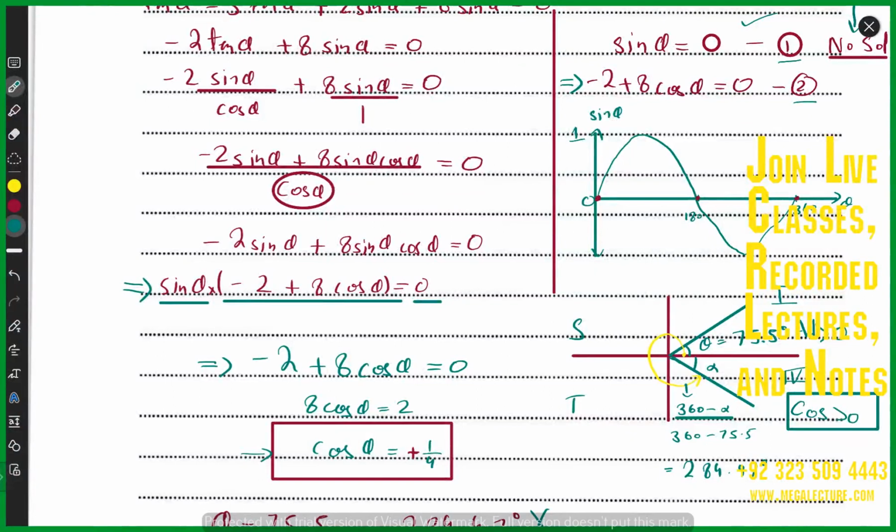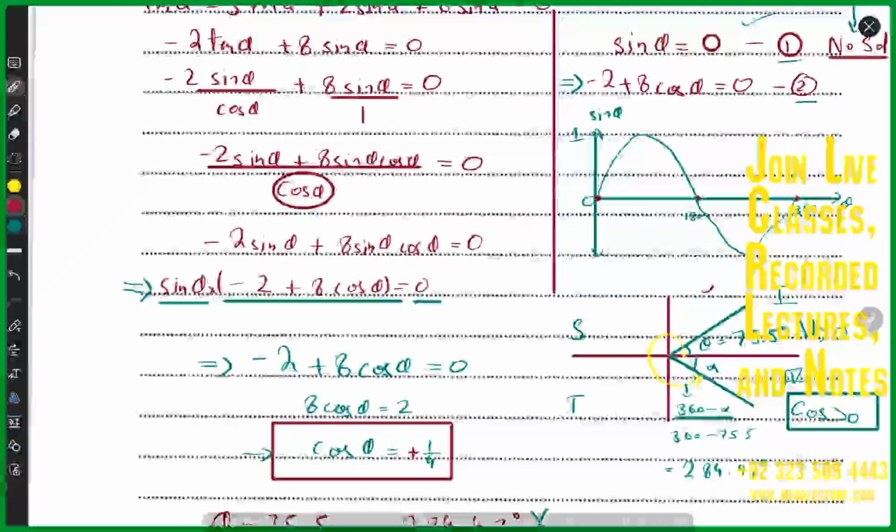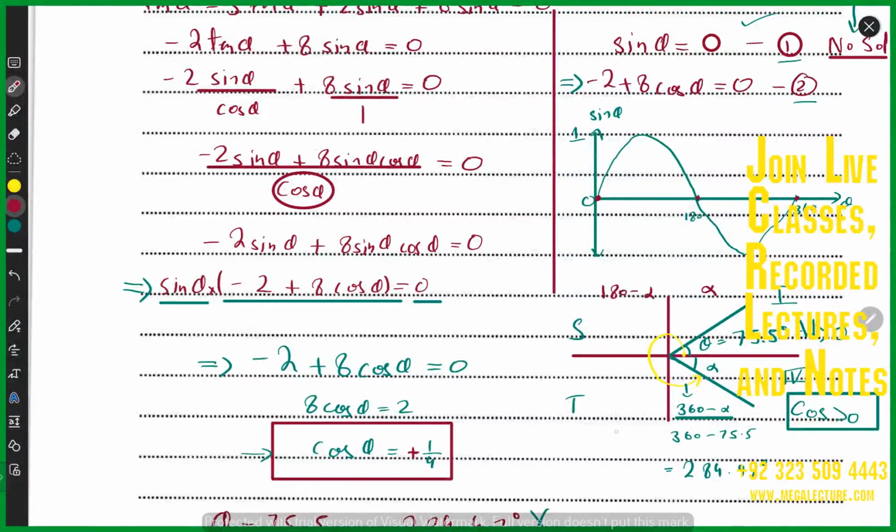Okay. For the first quadrant, it is alpha directly. For the second quadrant, it is 180 minus alpha. For the third quadrant, it is 180 plus alpha. And for the fourth quadrant, it is 360 minus alpha. Just think about basic geometry and you guys would be able to understand this. Right. I got 75.5 degrees directly when I did cos inverse 1 by 4. So that is going to be the angle in the first quadrant.